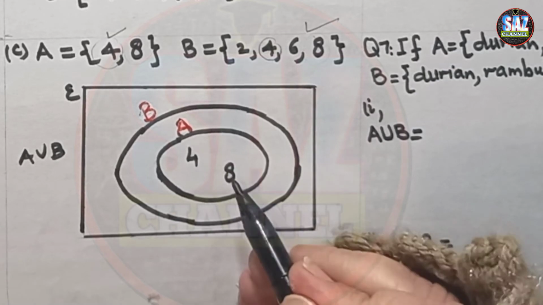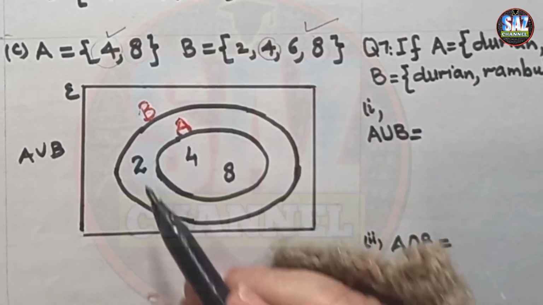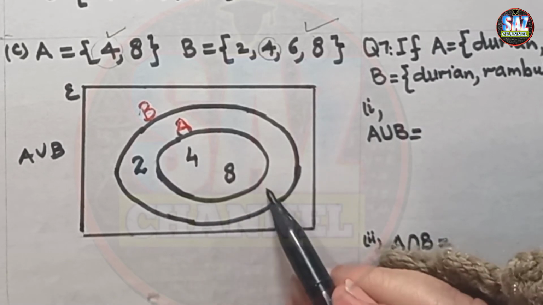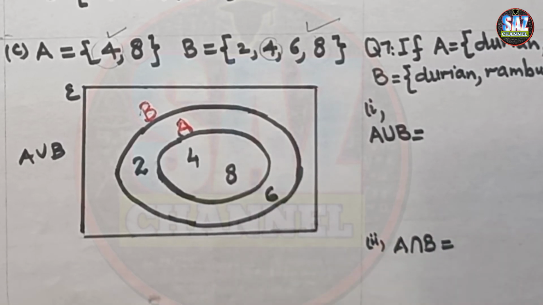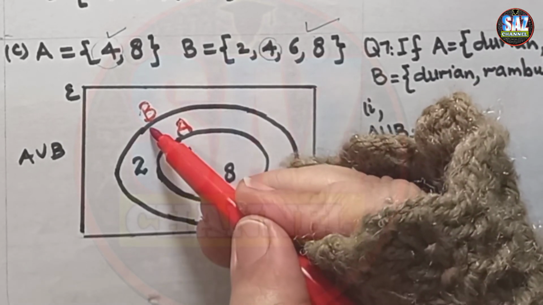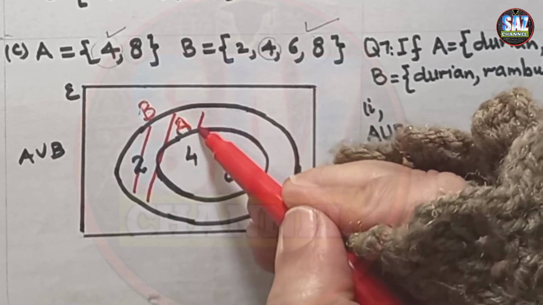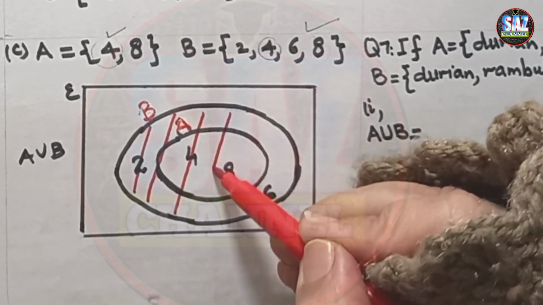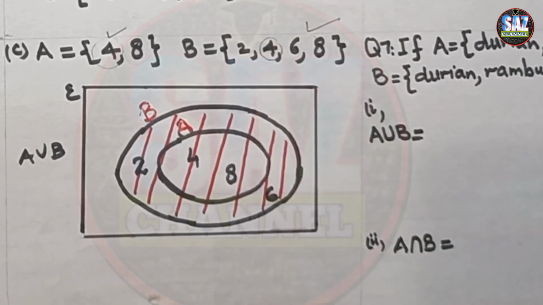And now from set B, I have written 4 over here, and I'm left with 2 and 6 only, because 4 and 8 are already written in set A. Now as I have to find the union, and union means the collection of all the elements, I have to shade my diagram to show that I'm taking the union of these two sets, and union will contain all the elements in order without repetition. So this is the situation for union in the subset case.